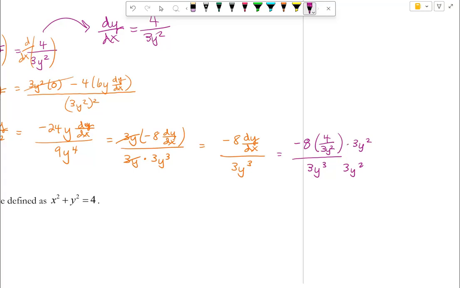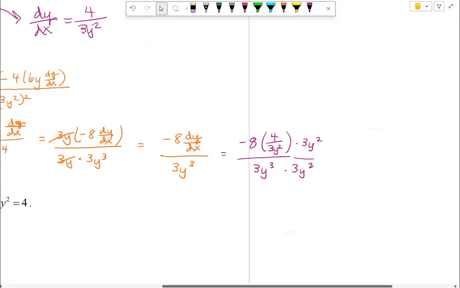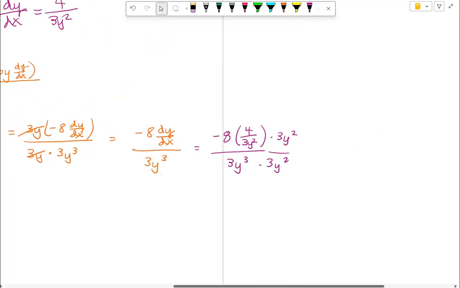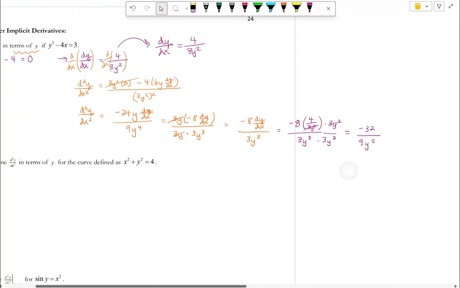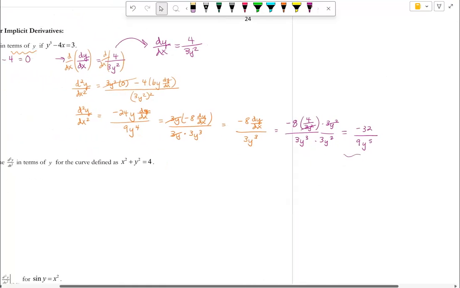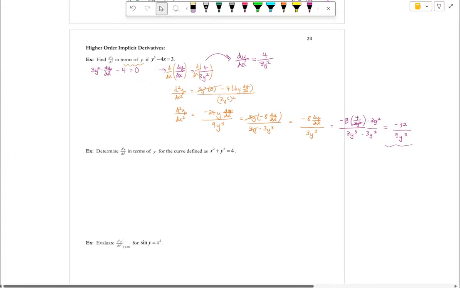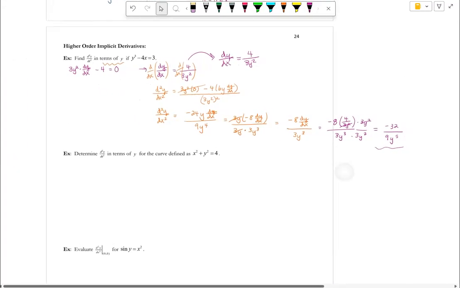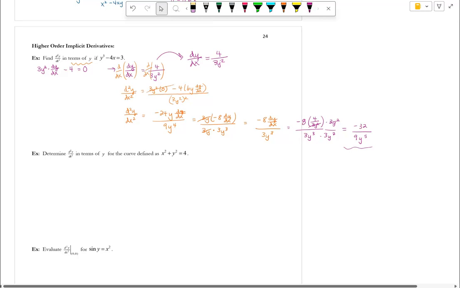That'll clean up that divided by 3y squared on top. So we get negative 8 times 4, so negative 32 over 9y to the 5th power. All right, that was a lot of work, but that is our second derivative in terms of y, written way to the side of my OneNote there. Sorry about that. I should have just started on the left.